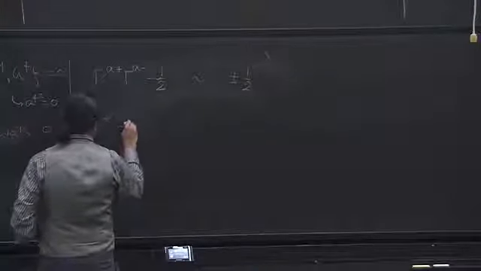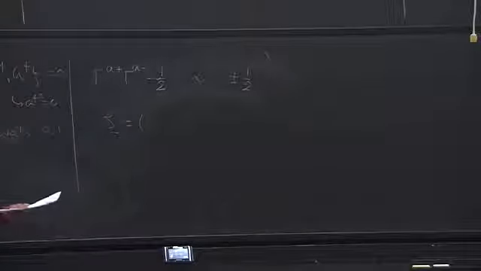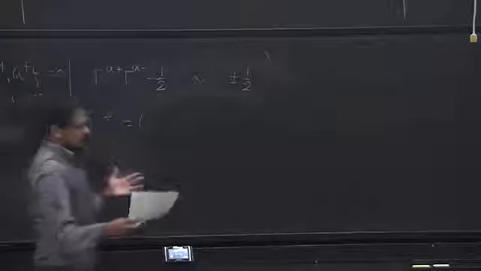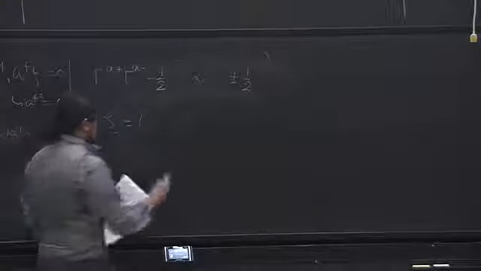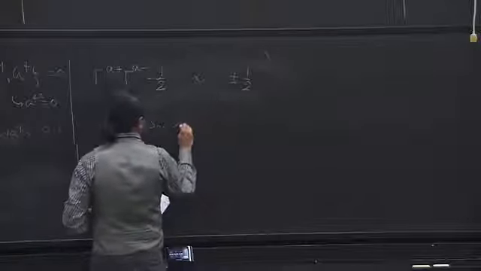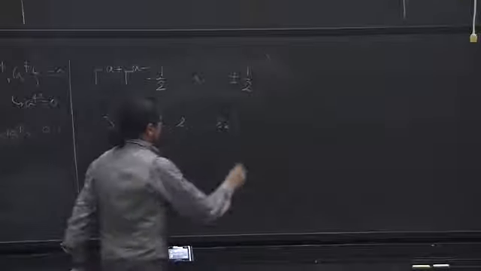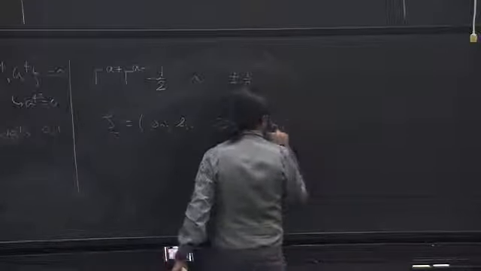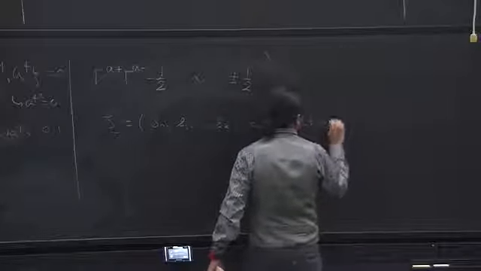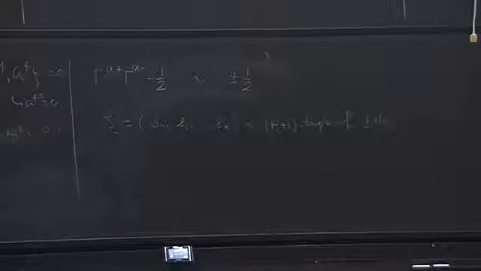So let's construct a k plus 1 dimensional vector which collects the eigenvalues of these things. These eigenvalues we call S0, S1, up to Sk. Each of these can be either plus half or minus half, so it's a k plus 1 tuple of plus or minus half. I'm just formalizing what I've just said. The details are unimportant.